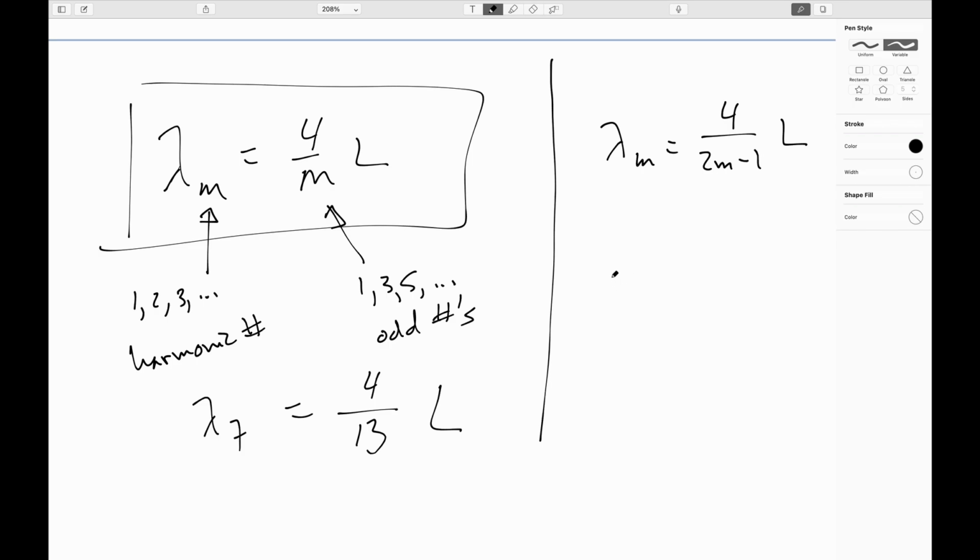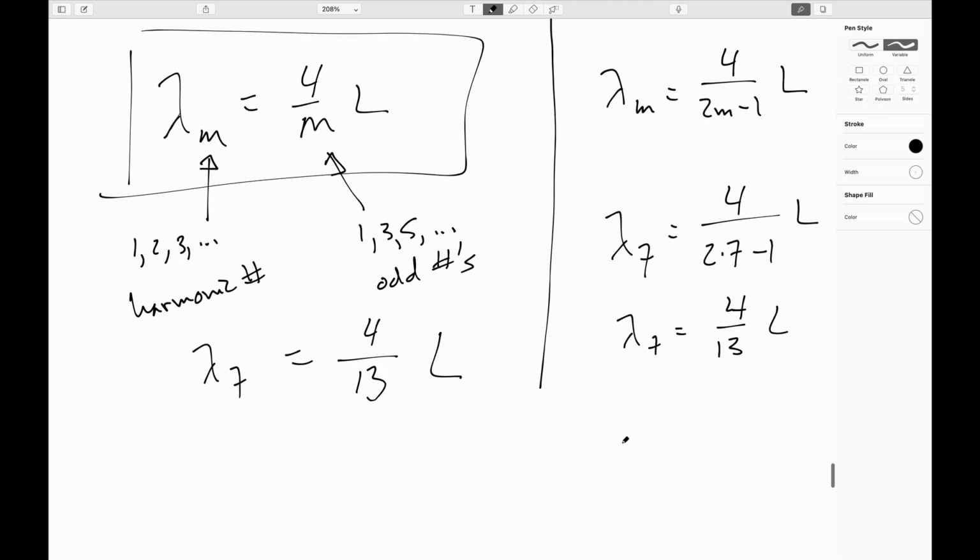Or if I wanted to find the 7th harmonic, we have 4 over (2 times 7 minus 1) L. 2 times 7 is 14 minus 1 gives me my lucky 13. So whichever way you want to do it, roll with it. Like I say, I'm going to assume that since basically every book out there now writes it this way, that's the way that most people find accessible.